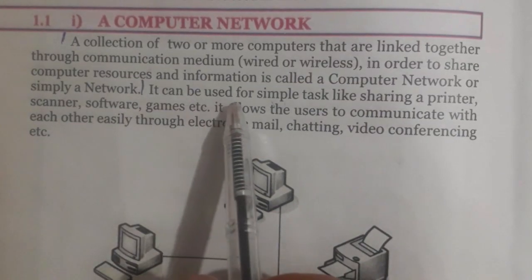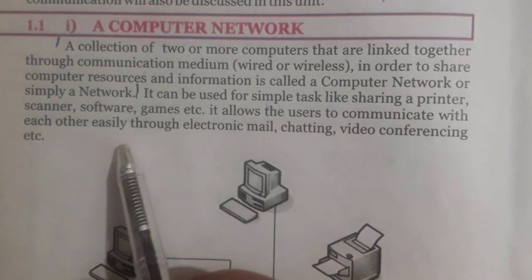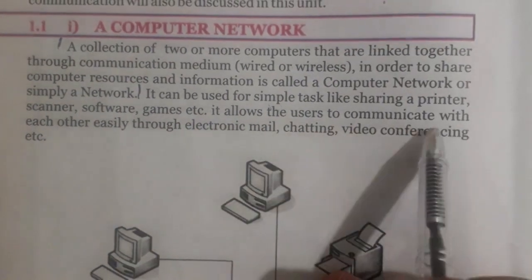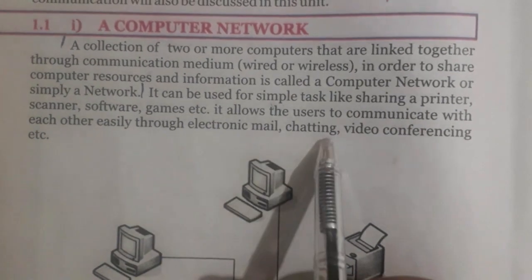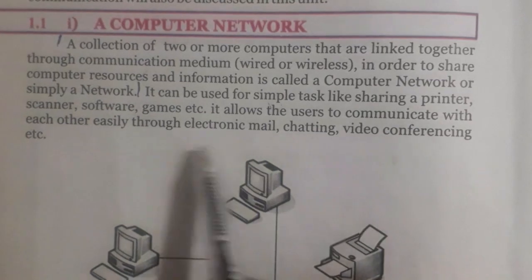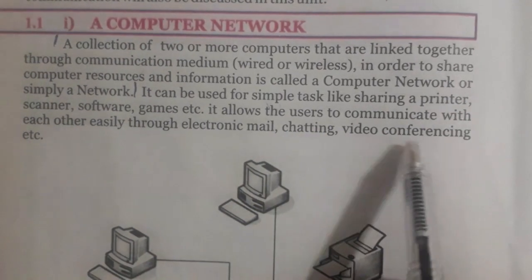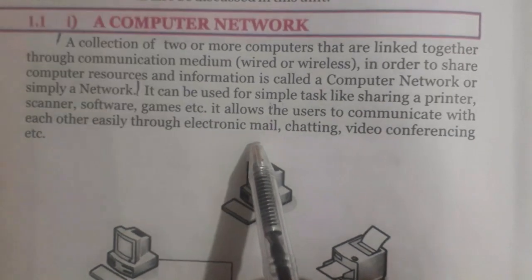It can be used for simple tasks like sharing a printer, scanner, software, games. It allows users to communicate with each other easily through electronic mail, chatting, video conferencing. These are the uses of computer network. The main purpose of computer network is resource sharing.